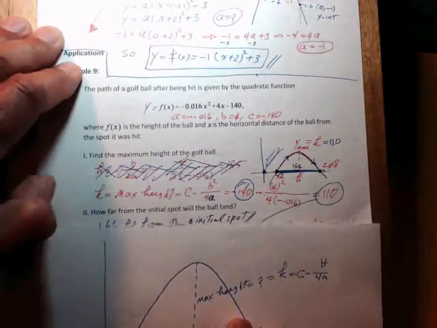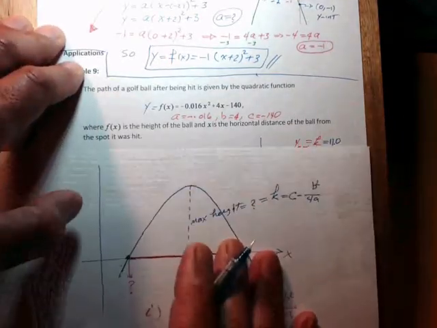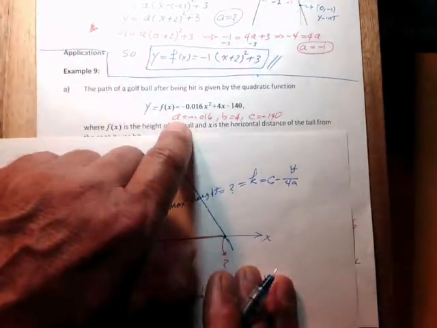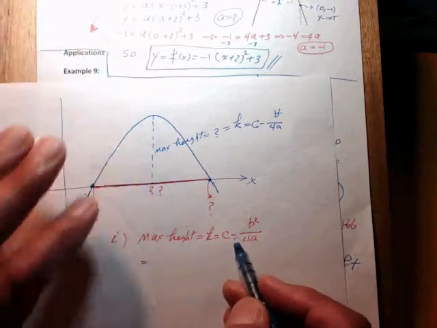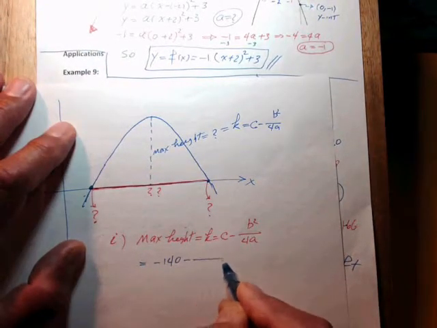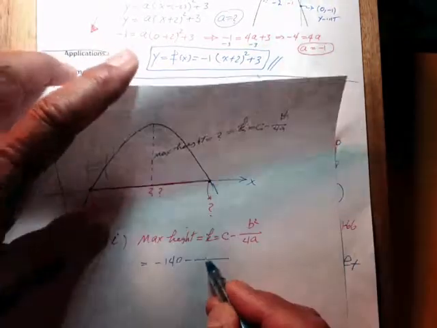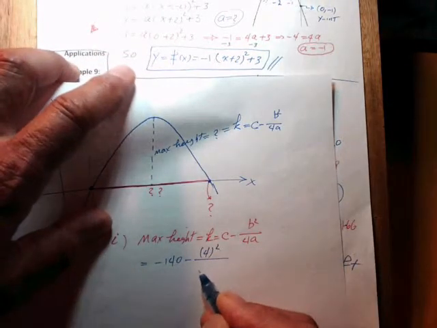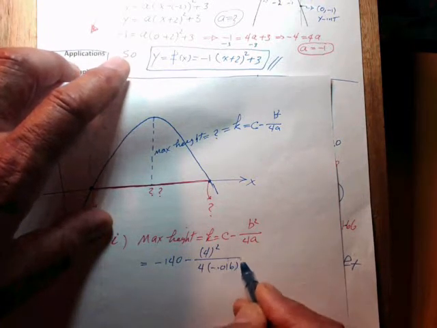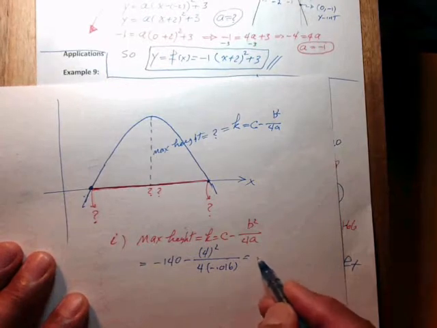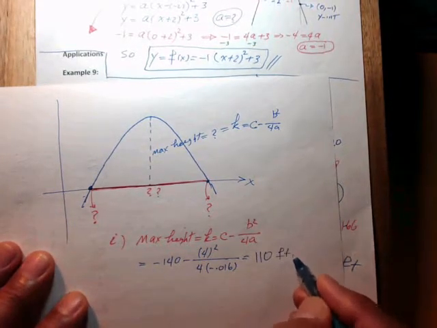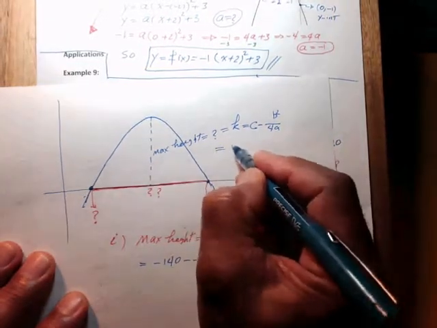I have written it here, it's kind of a lot of mess on this paper. So if I put this a, b, c in this formula, c is 140 minus b, which is 4, squared over 4 times minus 0.016. And if I put this in my calculator, I get 110. Let's say the unit is in feet. So this maximum height is 110 feet.